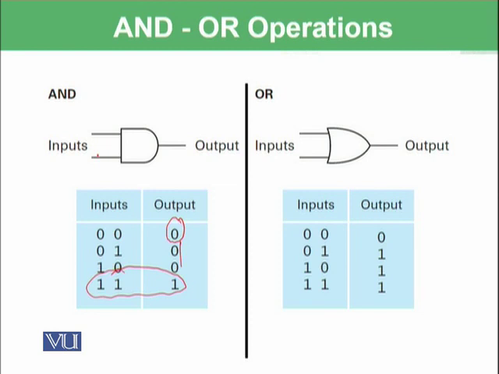Similarly, the OR operation has a different behavior. In this OR operation, if you have any input as 1, you will receive 1. So it produces an output of 1 when any of the inputs is 1.